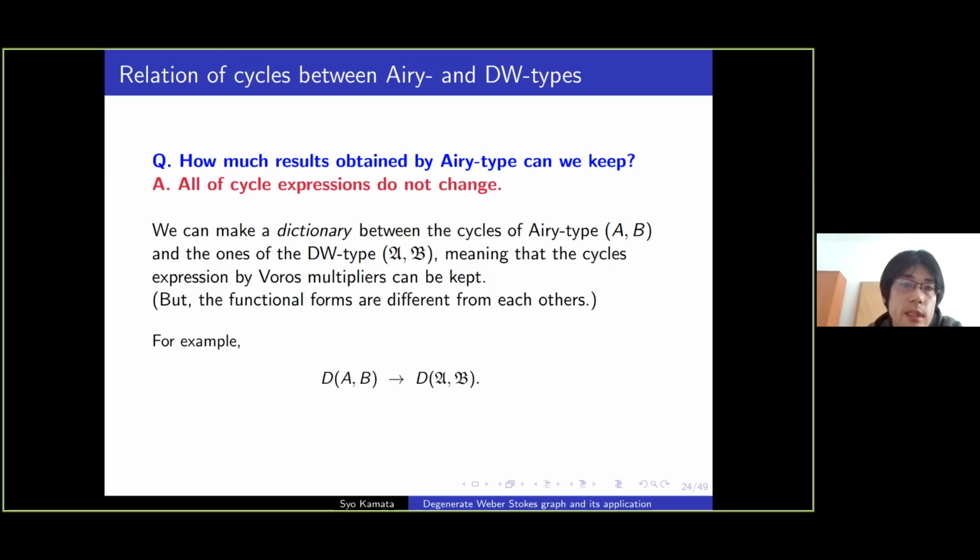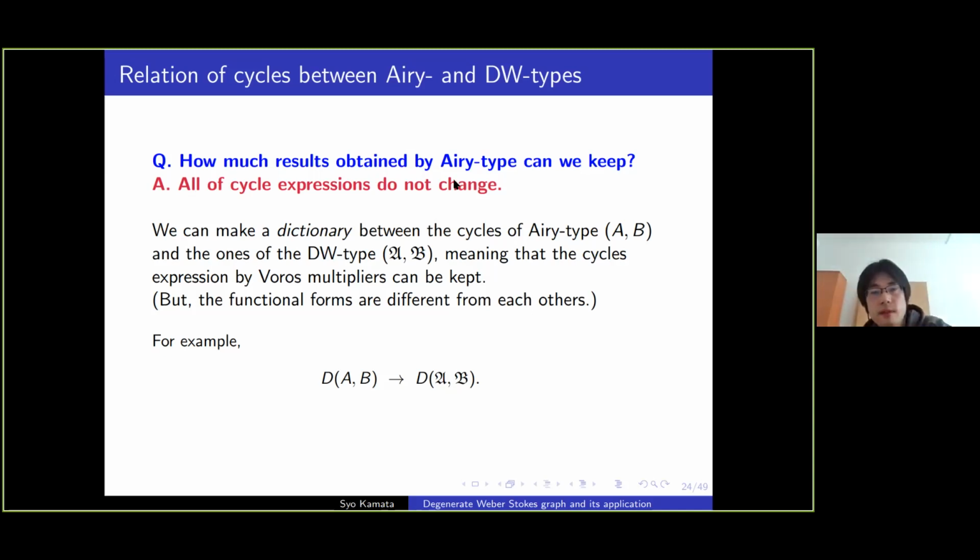But the problem is how much we can transfer this ARA type result to the degenerate Weber type. Actually, the answer is that the cycle expression does not change.